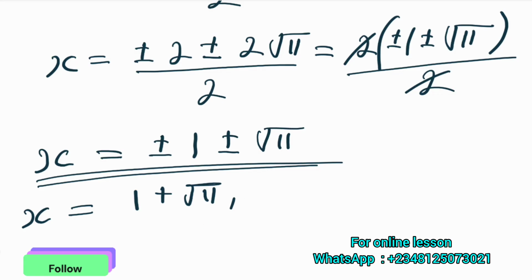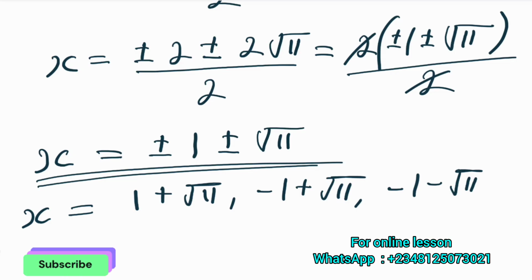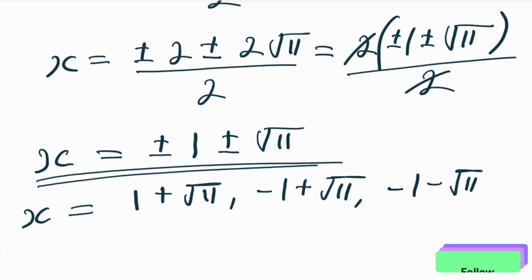Then the second one will be minus 1 plus the root of 11. Okay, so we also have minus 1 minus the root of 11. Then we also have 1 minus the root of 11. So these are the values of x.